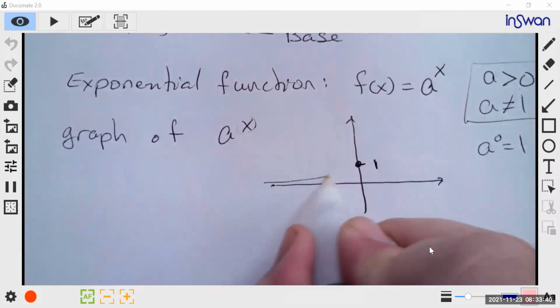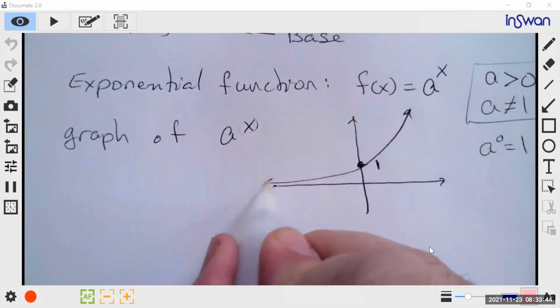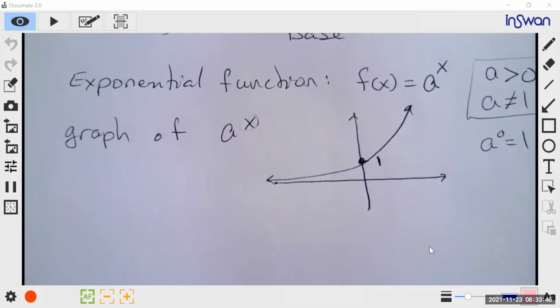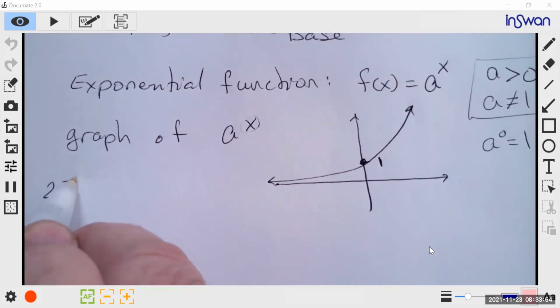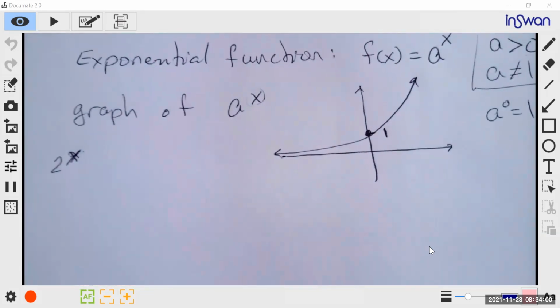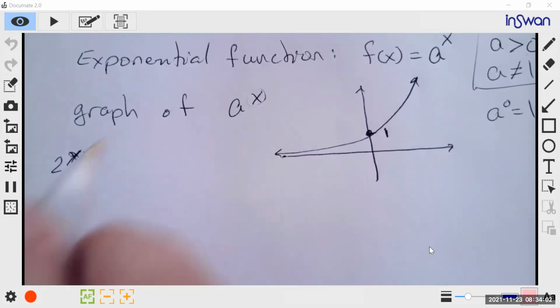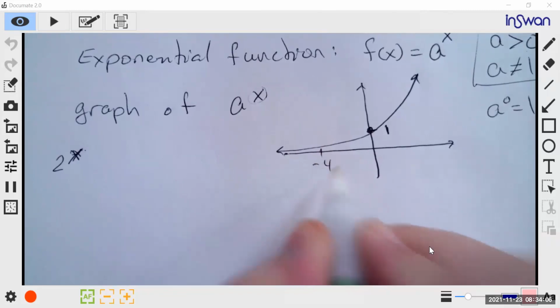The graph looks like this. Say it was 2 to the power x. Remember, let's say we had -4.